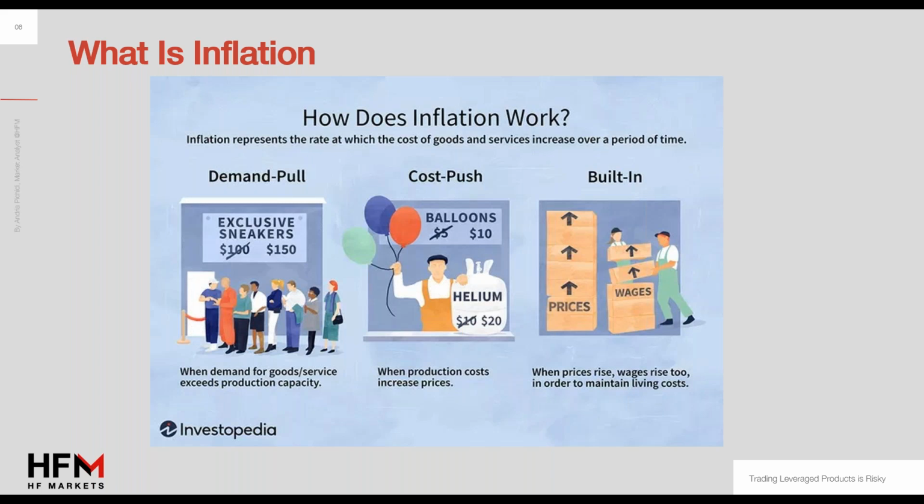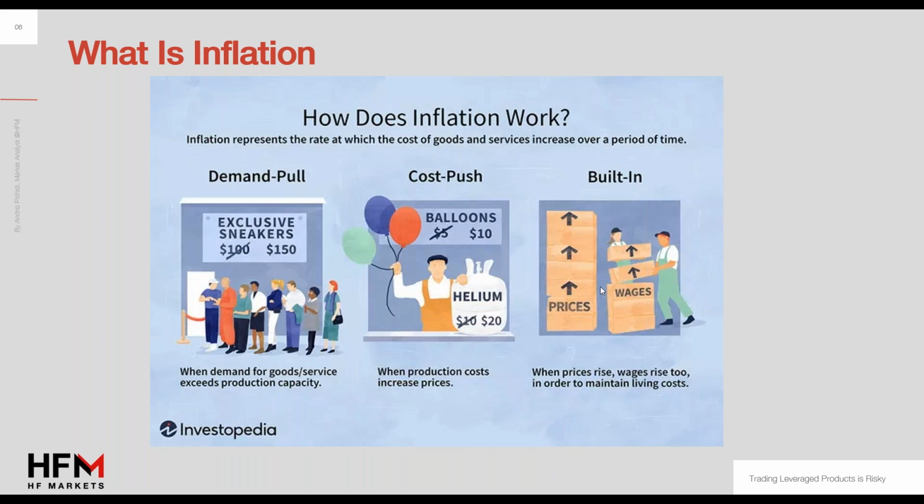Last but not least, what we call built-in inflation, which is the very last category of inflation, is the inflation that is related to adaptive expectations, or the idea that people expect current inflation rates to continue in the future. So all lead to higher prices, guys.